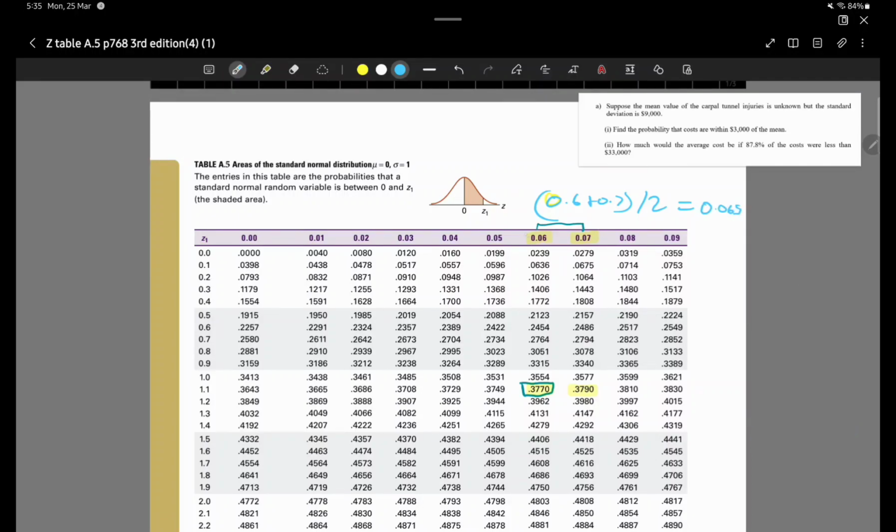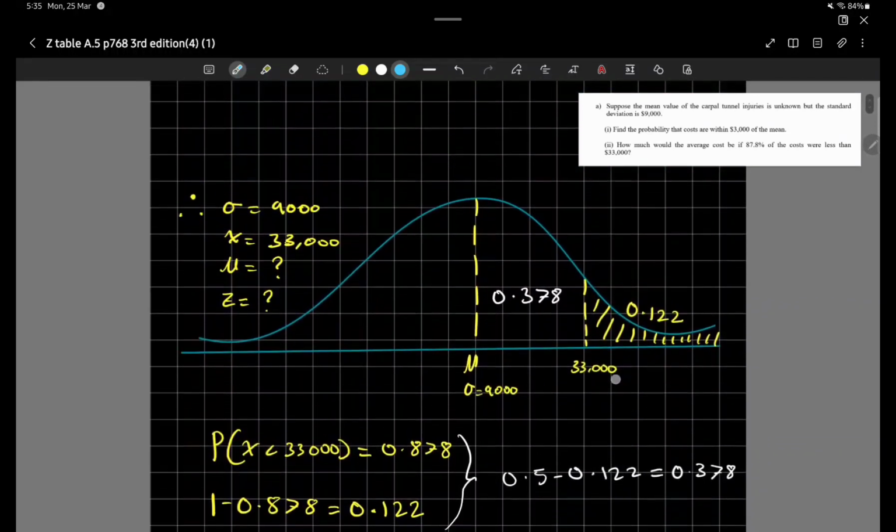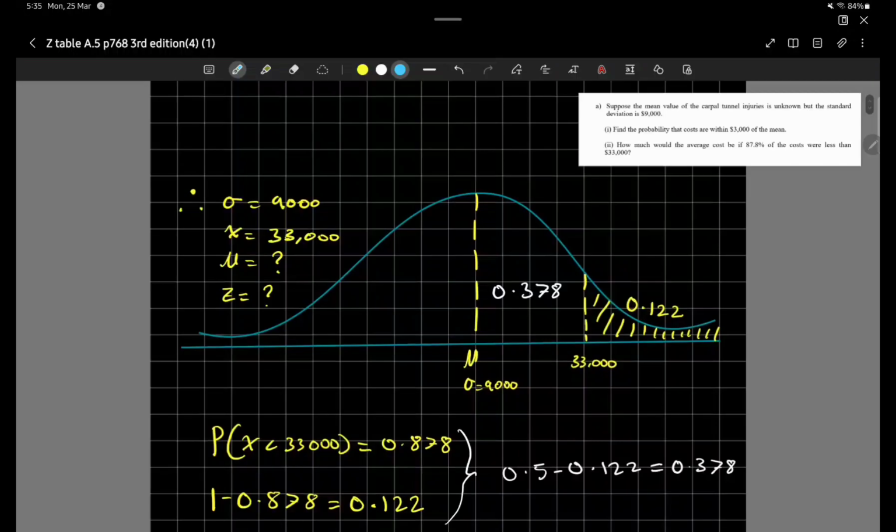And we will take that, and it corresponds with 1.16, the standard deviation. But you actually don't need to know that value. What you need to know is that 0.378 equates to this area.